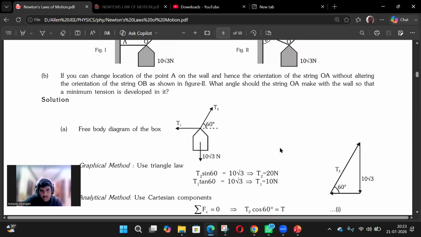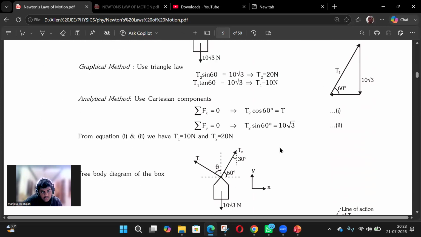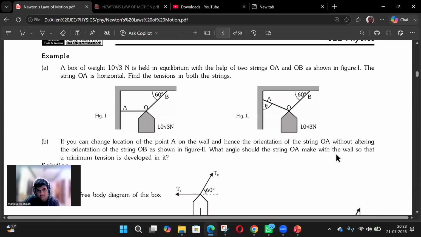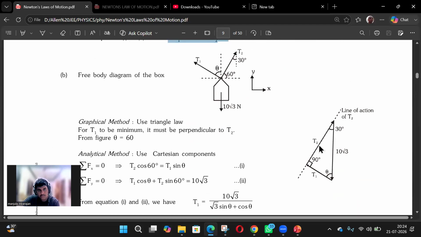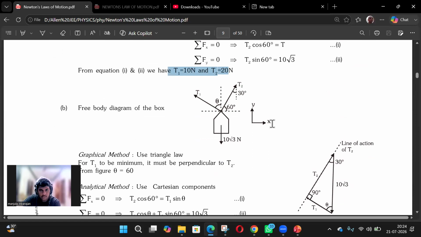Tension 1 is 10 and tension 2 is 20. Is it right, sir? That is figure 1, right? Yes, figure 1 here is correct. What about figure 2? Same thing: two equations, two unknowns.